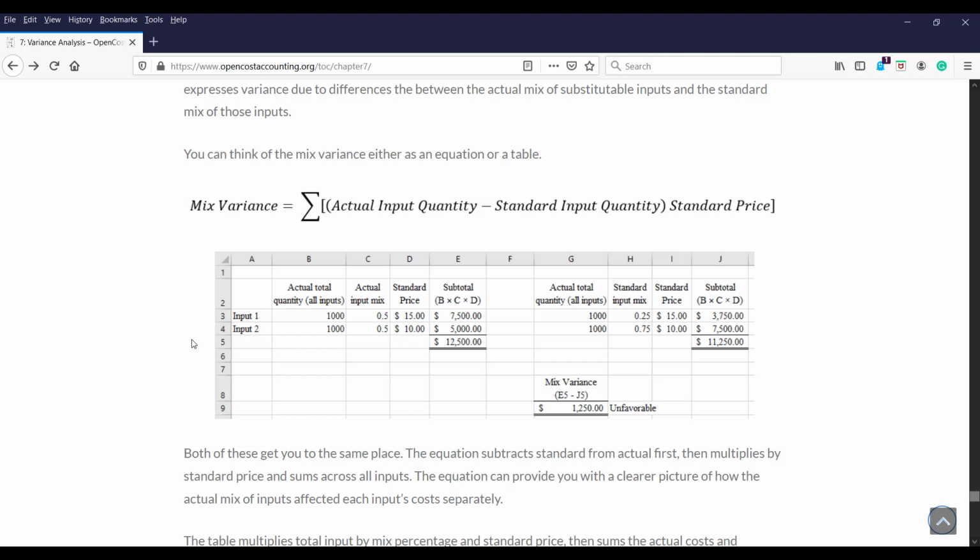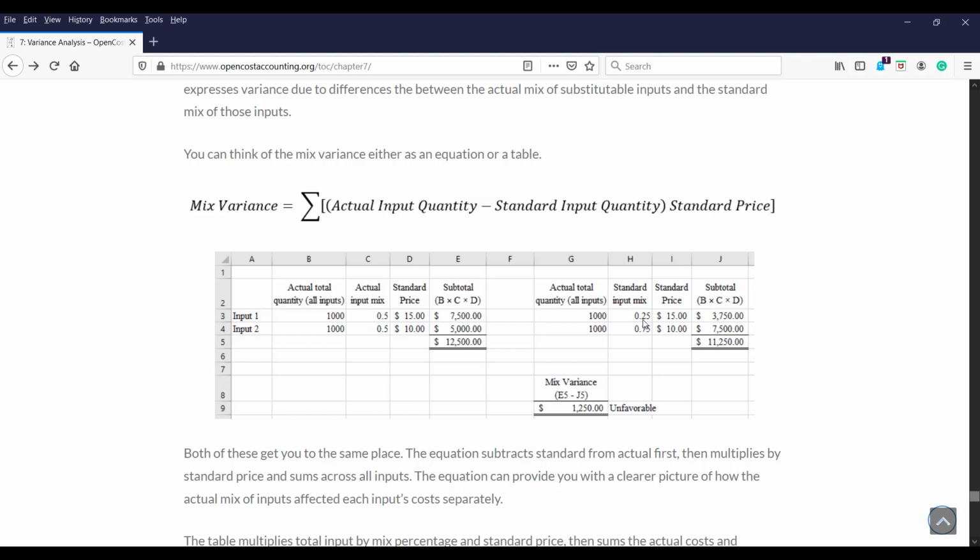You can also create a table, which will lay it out a little differently, but get the same end result. So if input 1, the actual total quantity is 1,000 for each. Actual mix input 0.5 and 0.5. Standard price of $15 for input 1, so it's the high cost input, and $10 for input 2. Now that actually is a more costly mix than we were expecting.